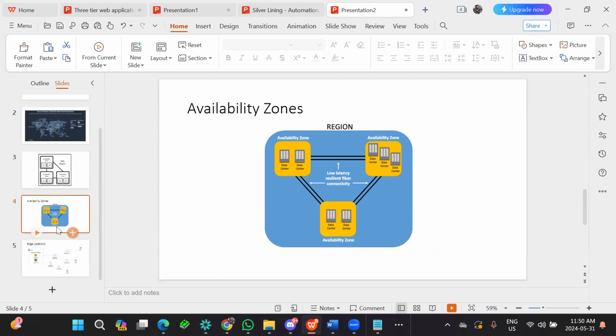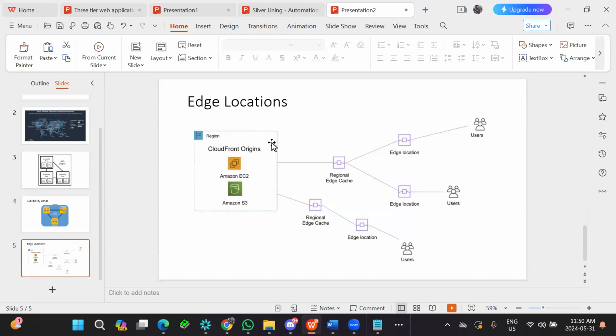And we have another component called edge locations. Simply, edge locations are data centers designed to deliver services with low latency. These are essentially data centers that AWS uses to cache copies of content closer to the location of users accessing it.